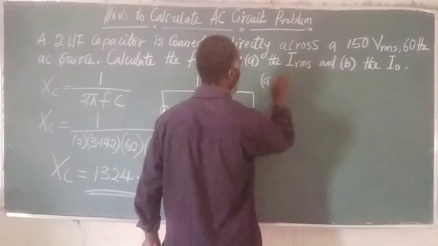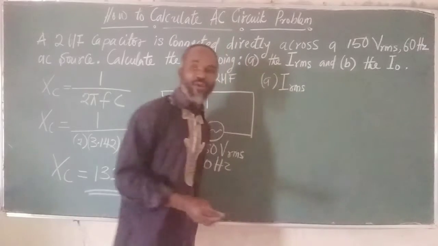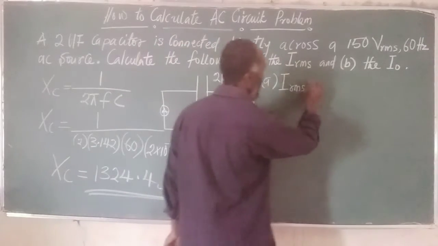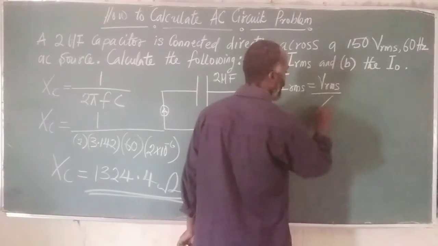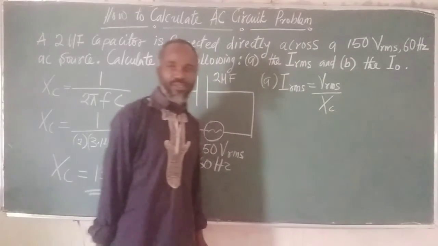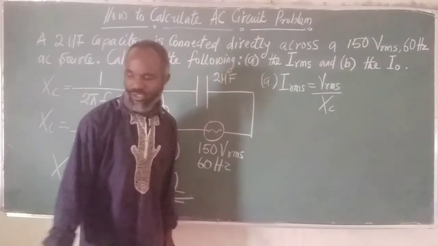We're going to find the root mean square value of the current. I RMS is given as V RMS over the capacitive reactance of the capacitor. So with this, we will now know what to do.